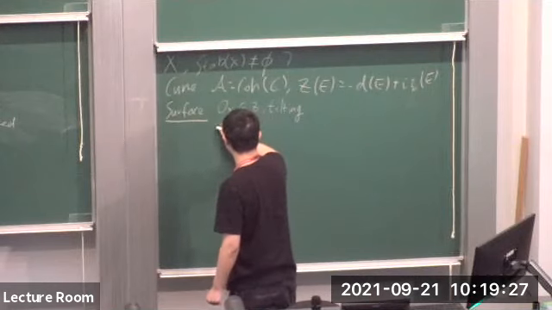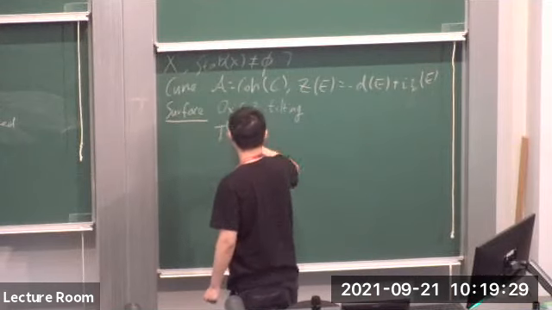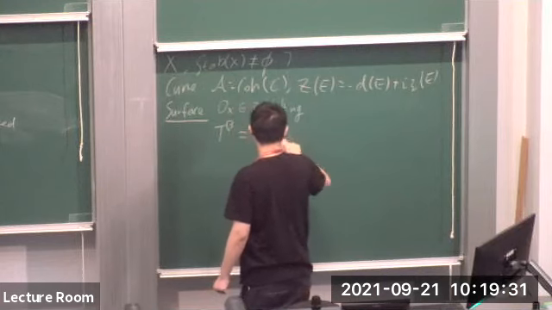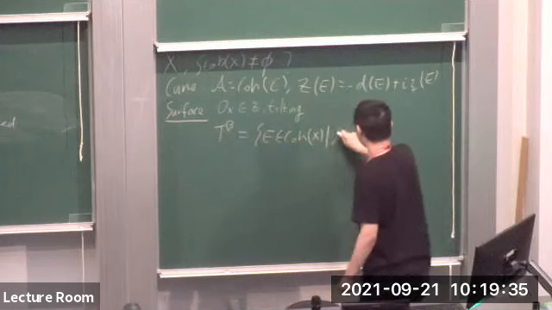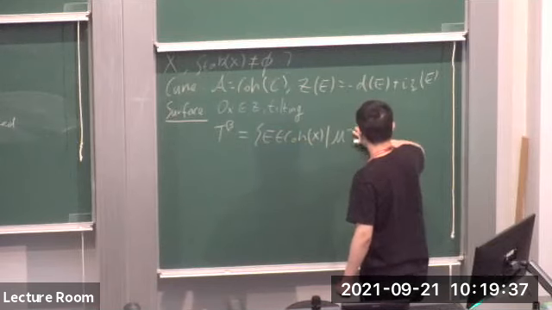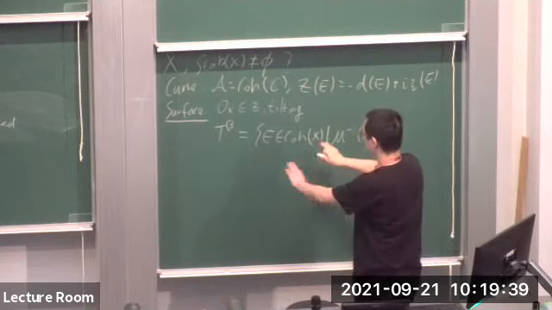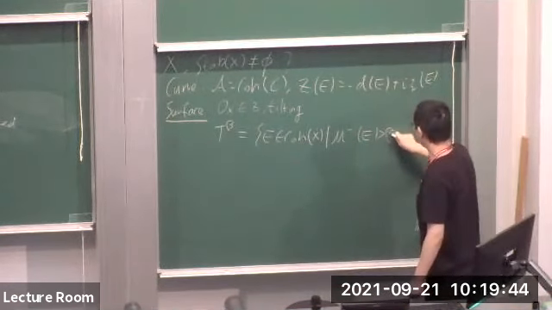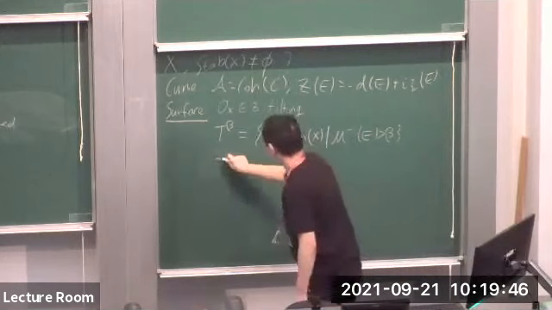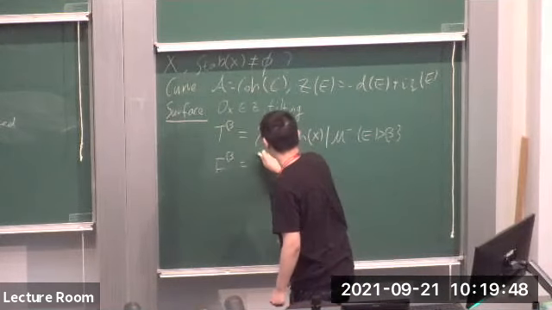So we define T_beta to be all the E in the coherent sheaves of X such that if you do the HN filtration, the minimal slope of the filtration is larger than beta, and for F_beta we define it in the reverse direction.